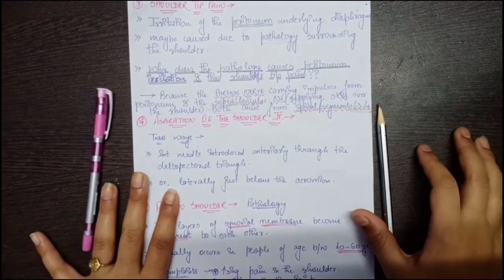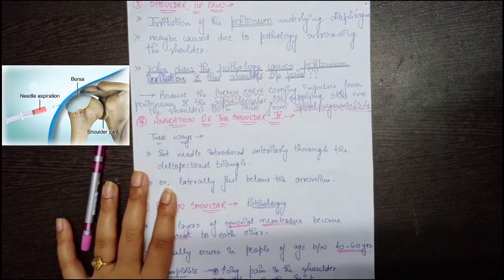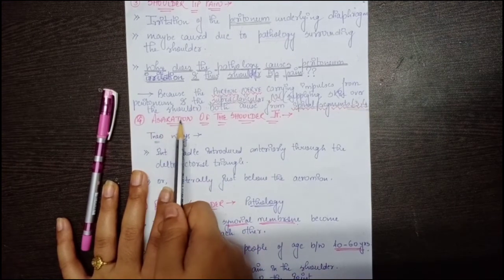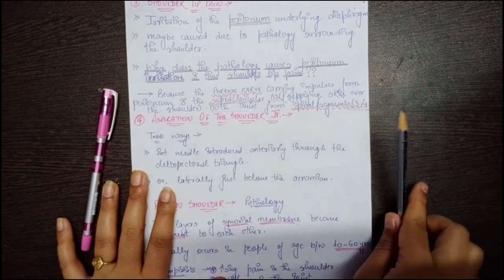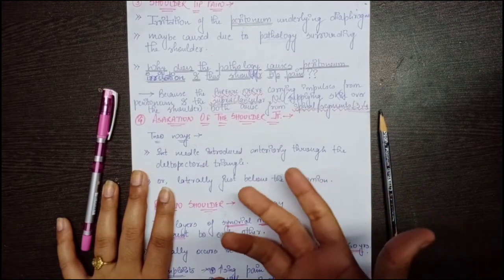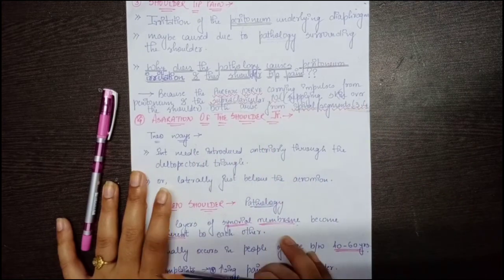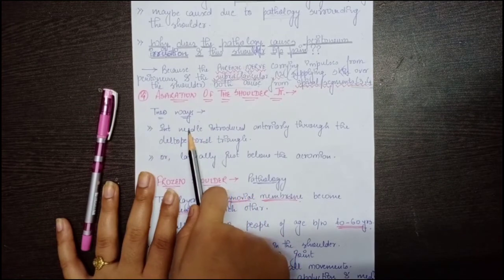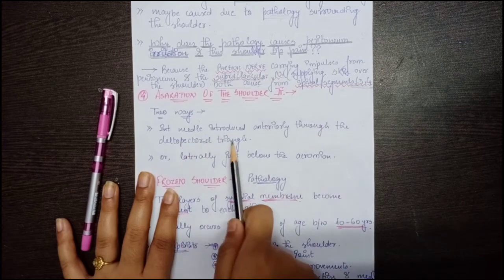Next thing that we can discuss here is the aspiration of the shoulder joint. See, aspiration means sucking of some liquid. Okay, so by using aspirating materials, you take out the liquid around the shoulder joint so that you can diagnose the pathology or something like that. So for that, there are two ways in which the shoulder joint can be aspirated. One is the needle of aspiration introduced anteriorly through the deltopectoral triangle.